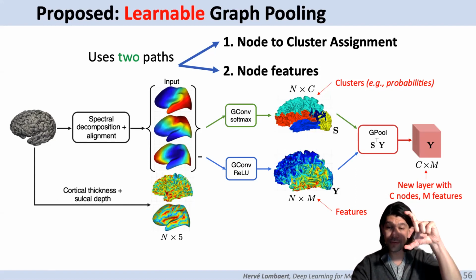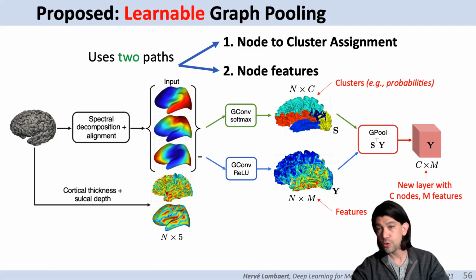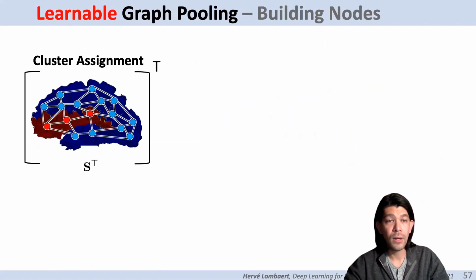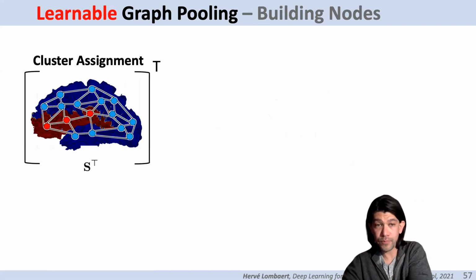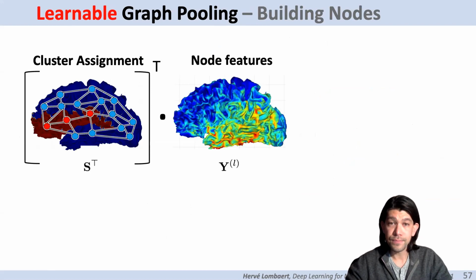end up with a layer with a certain number of nodes. This layer would have C nodes, C clusters. So it clusters all the points towards C new nodes in the new layer. It is merged from the cluster assignment, which is learned as a matrix S of probabilities, with the node path, which learns the node features.